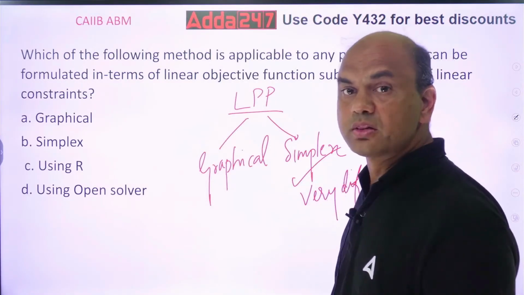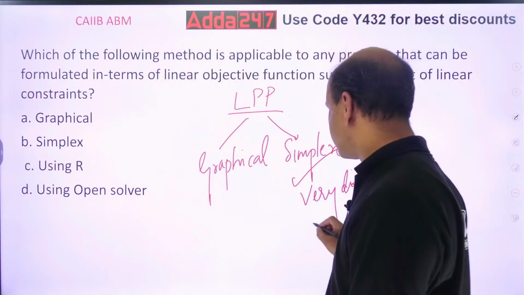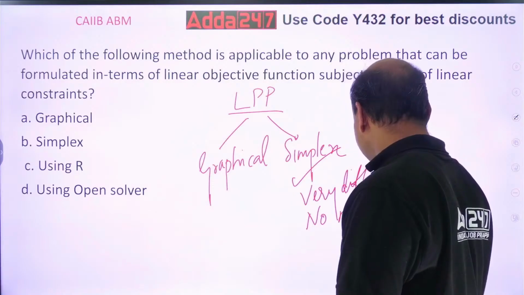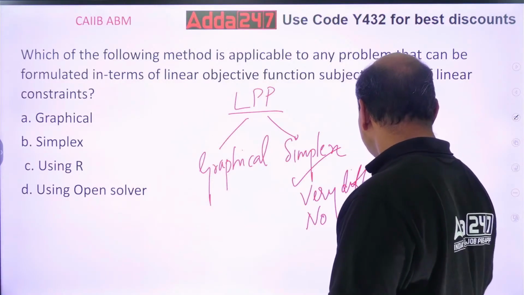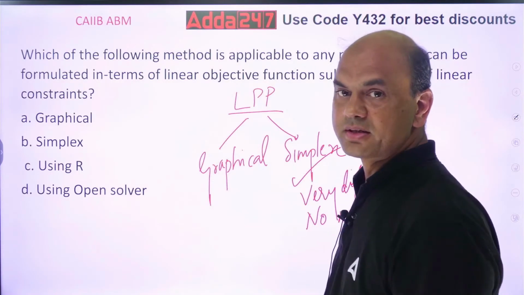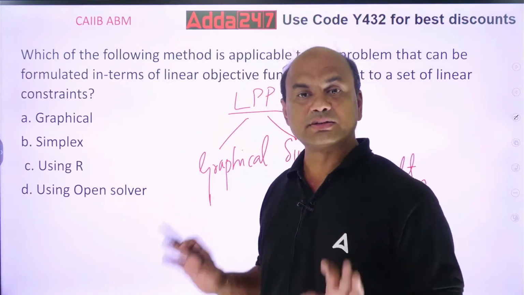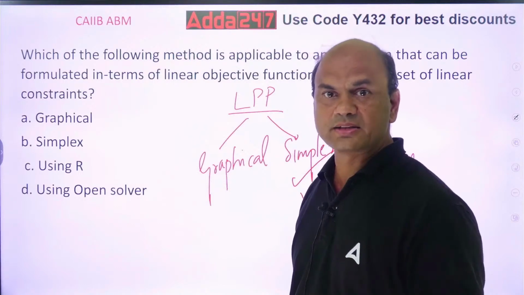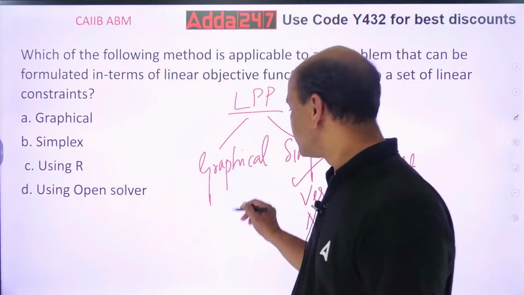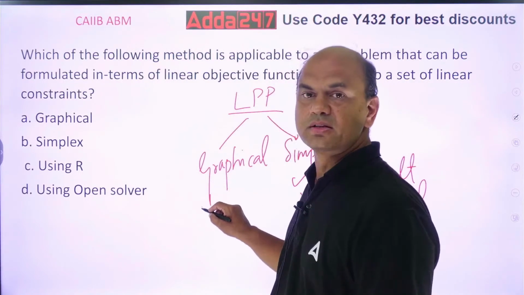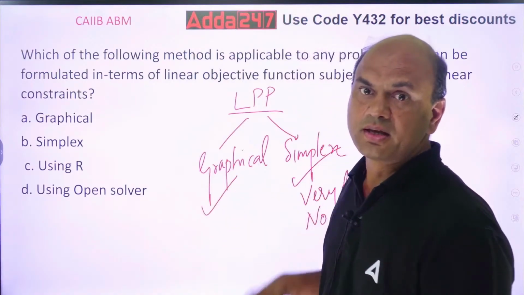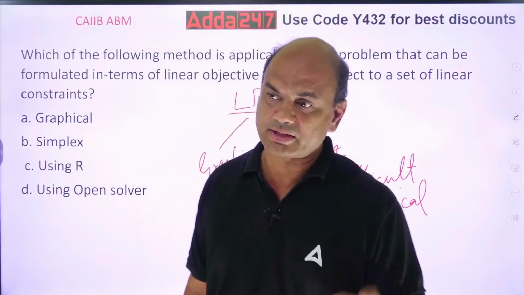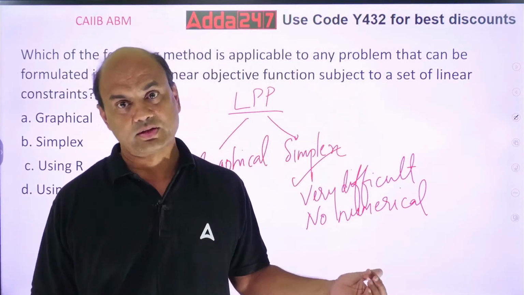In your CAIIB exam, you will not get a numerical on simplex. Graphical is a bit easy. Just now I showed you one graph. That is the graphical way. You always get the numericals on this, not on simplex. This is theory, you will be getting it in the exam, not the numerical.